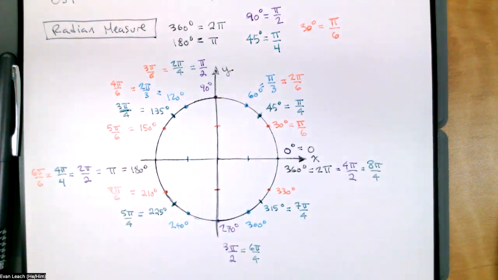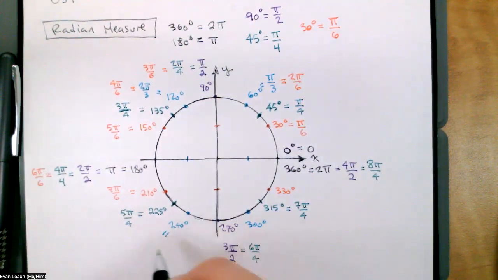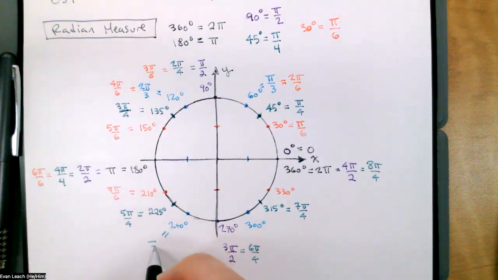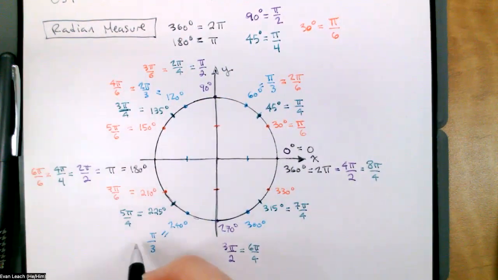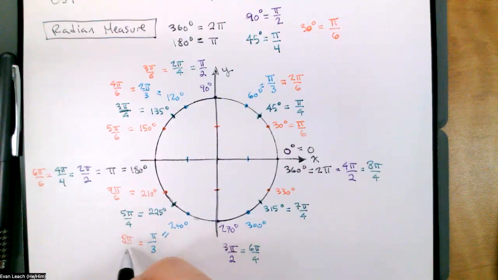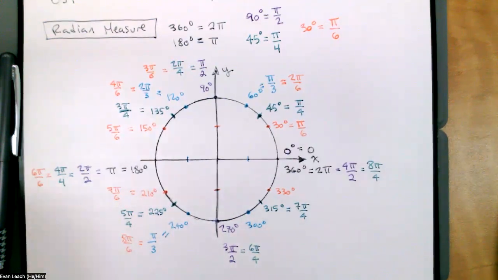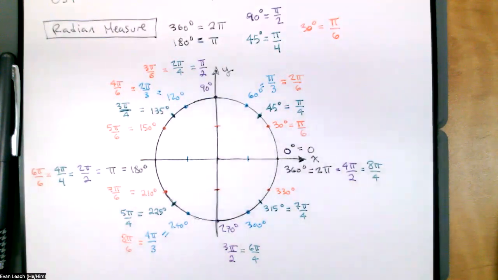What's the next after 7 pi over 6? Where's 8 pi over 6? 240, but what are we going to call 8 pi over 6? Not 2 pi. So this is going to be 8 pi over 6, otherwise known as 4 pi over 3.